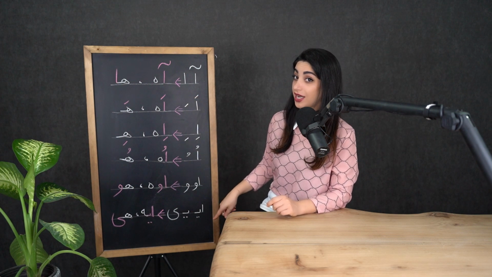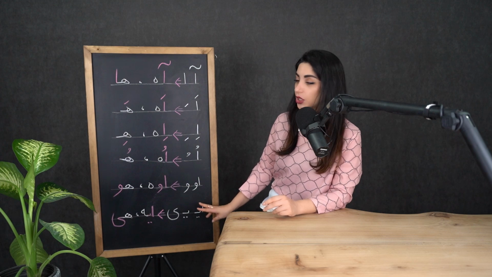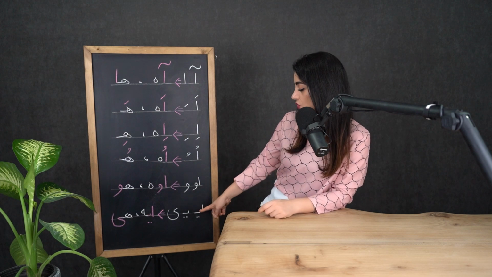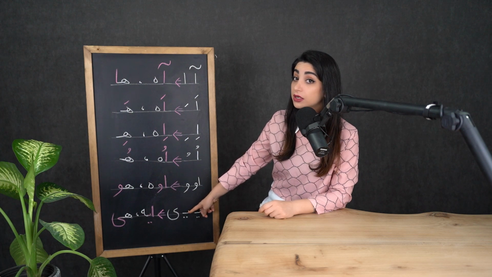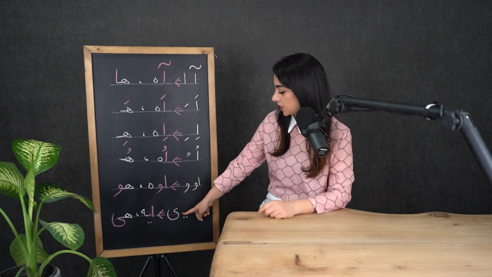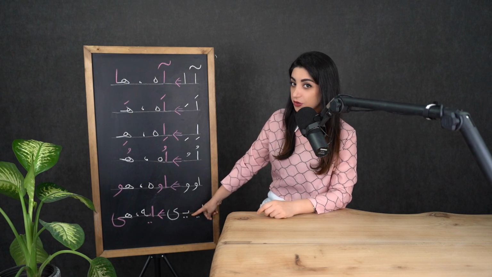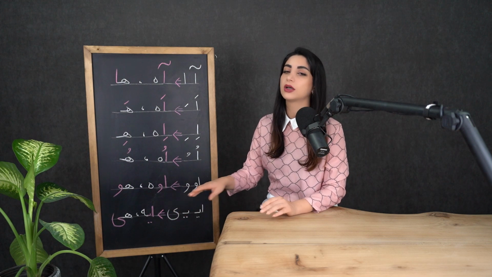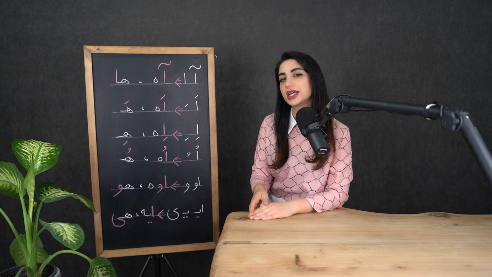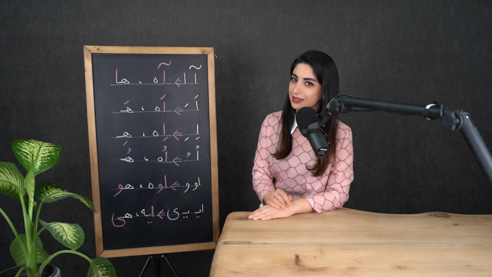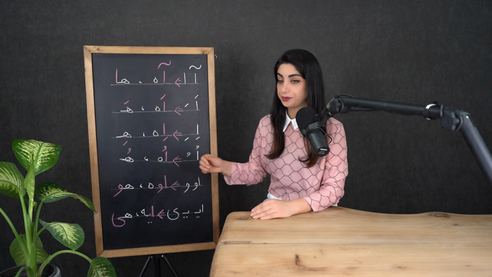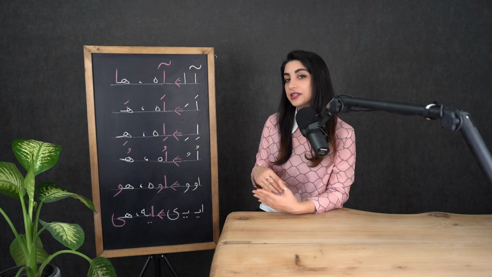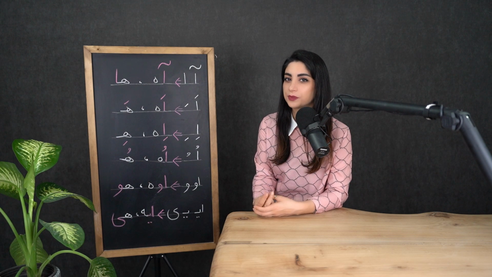This tricky one. This one we know always at the beginning, always attached from here. This one, always at the middle, always attached from here, sometimes attached from here. This one, always at the end, sometimes attached, sometimes doesn't. When this one comes here, he changes its form.